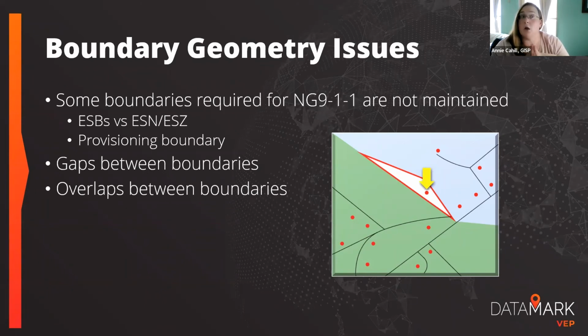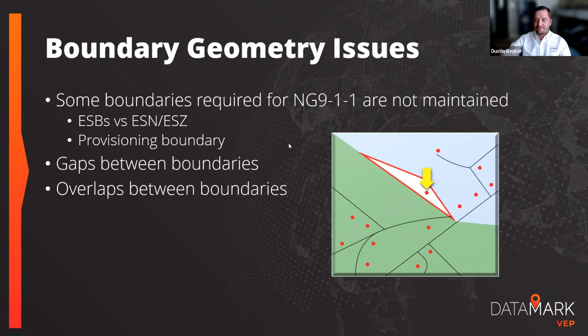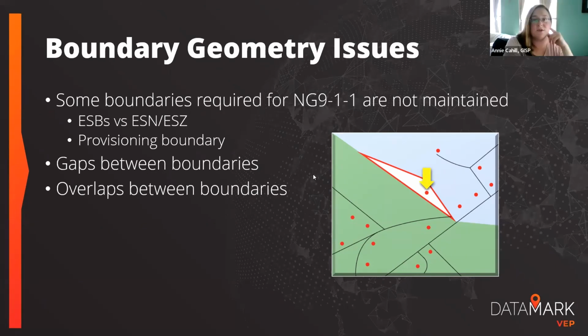And these are different than ESZs or ESBs, but you can use those ESZs or ESBs, what we would call your legacy boundaries, to help develop those others. I'm going to pull up the chat here and look. Yes. Okay, good. So it's good to start having these conversations.